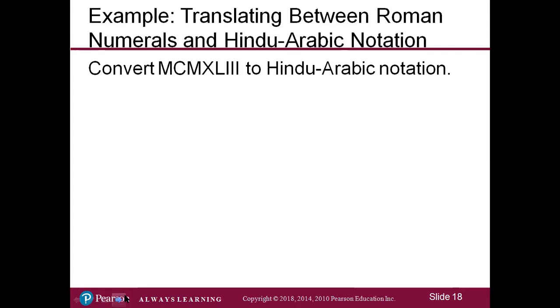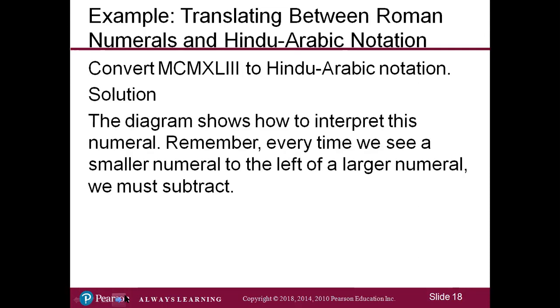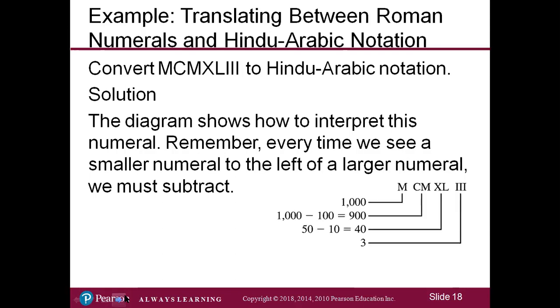Translating between Roman numerals and Hindu Arabic notation. Convert MCMXLIII to Hindu Arabic notation. Solution. The diagram shows how to interpret this numeral. Remember, every time we see a smaller number to the left of a larger numeral, we must subtract. So we have M, but then we have CM, XL, III.